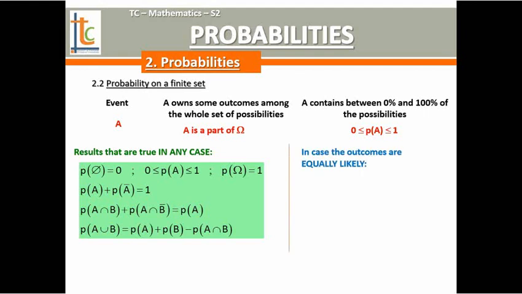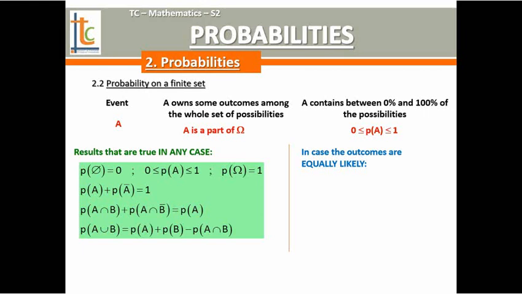We've got to have another formula, which will be true only in case of equally likely outcomes. So you have to form a sample space omega that contains equally likely outcomes, outcomes that have the same chances one as the other.